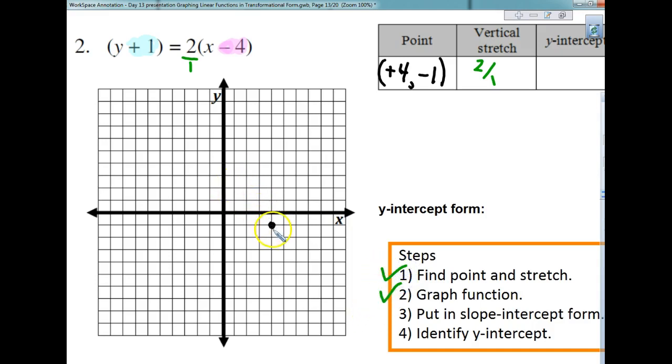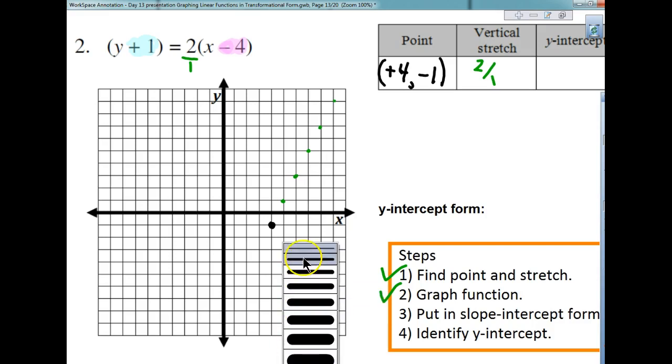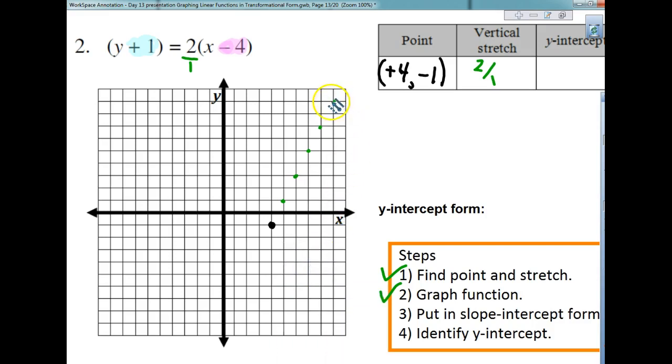So from our starting point here, go up 2/1. There it goes. Okay. There we go.